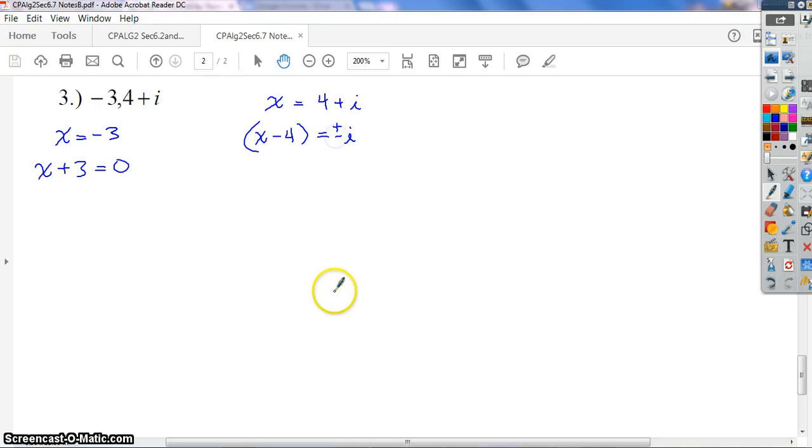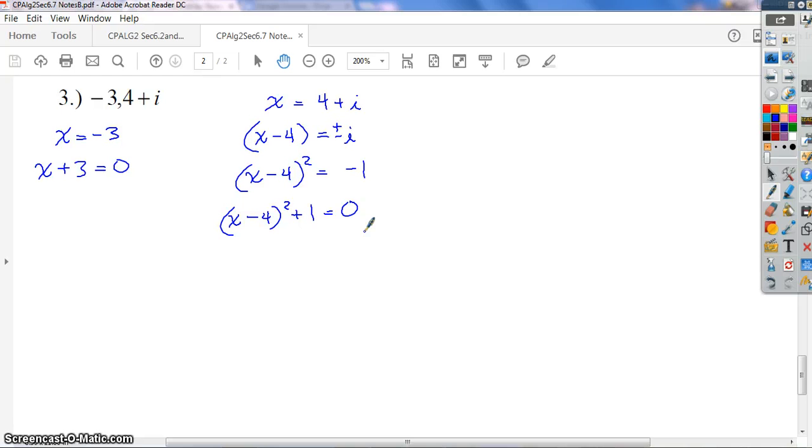Now remember, to get i, that was plus or minus, because you can't just have one, you have two answers. So how do I get i out of there? Well, that means I took the square root, in this case, of -1. What's the square root of -1? i, positive negative. So this works out well. So then I would have x minus 4 squared plus 1 equals 0.